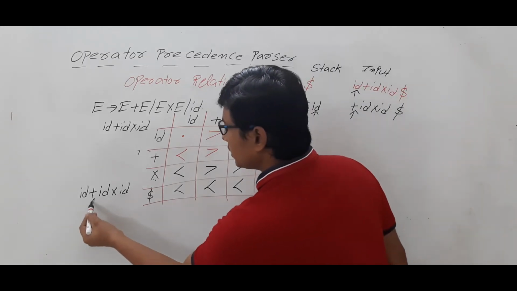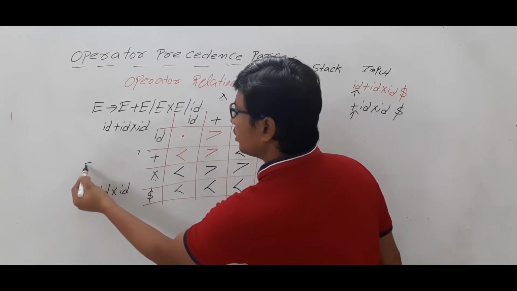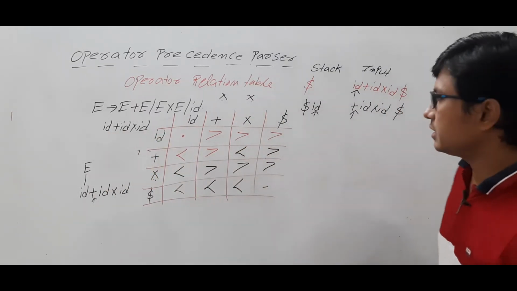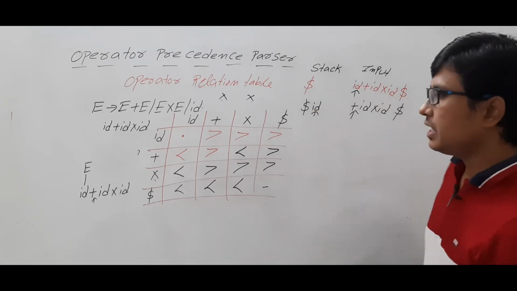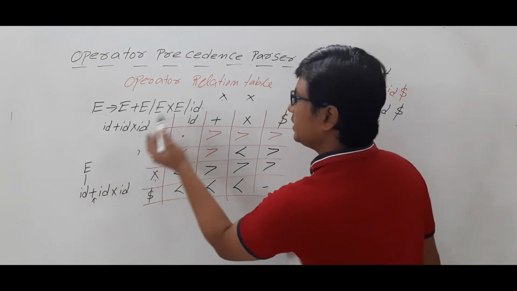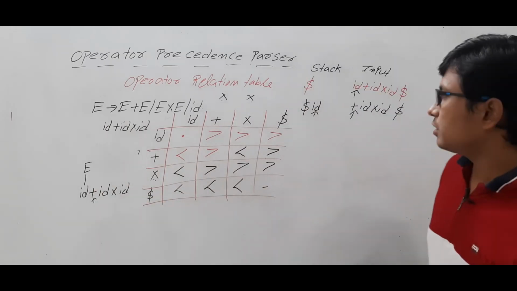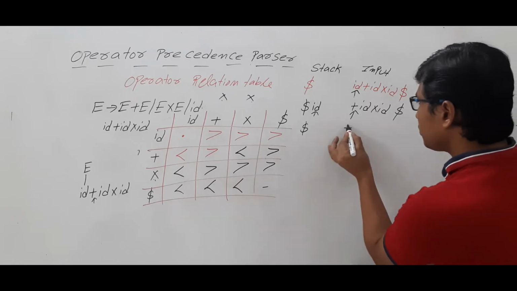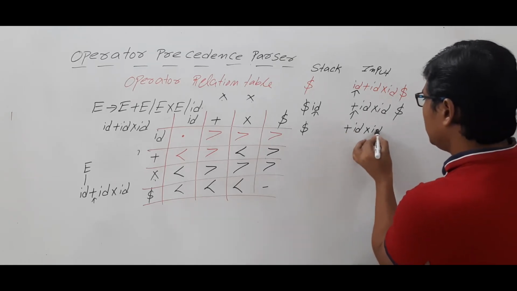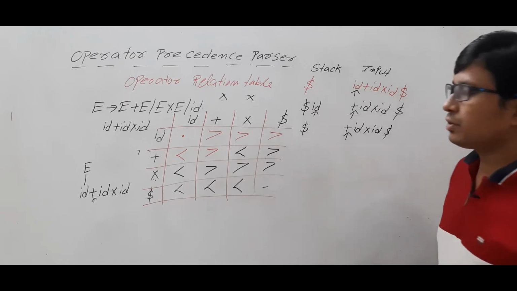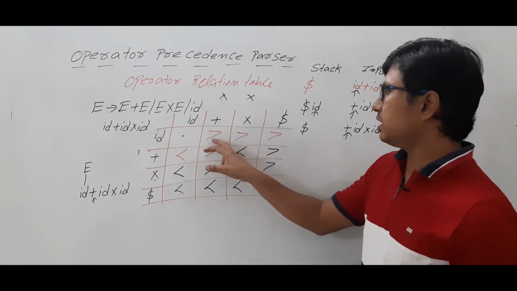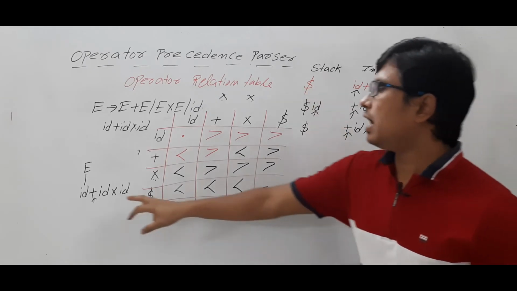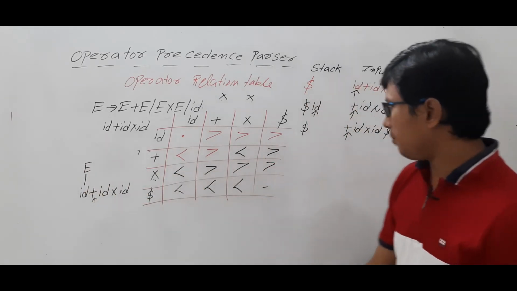Reduction means id you are making it as E. So pop means we have popped the id and performed the reduction move: id becomes E. So now the top of the stack is dollar and your input pointer is still pointing to the plus. As it is a greater than, I have performed the pop from the stack and in the parse tree the reduction will happen.